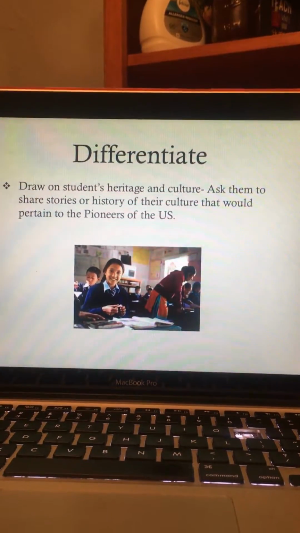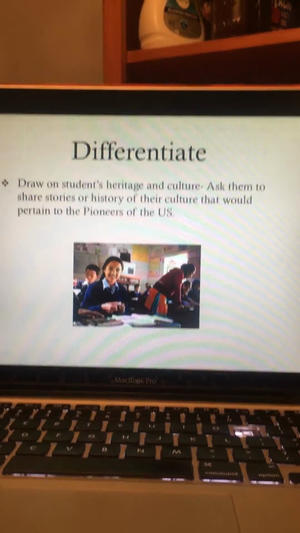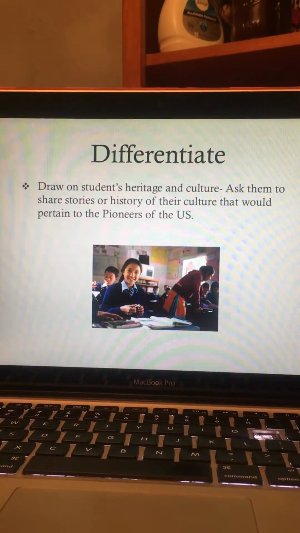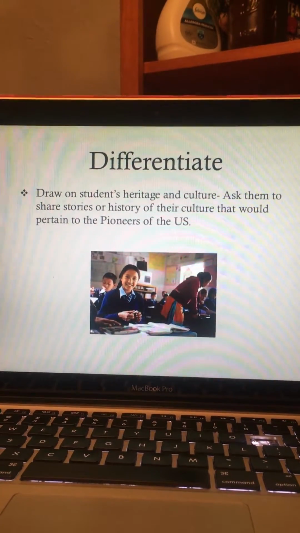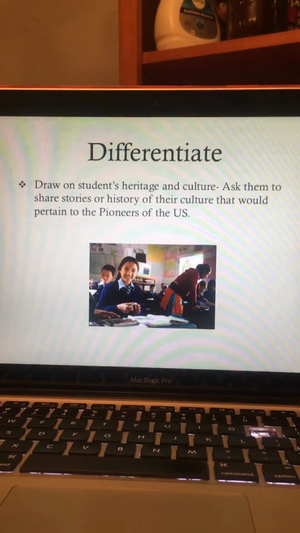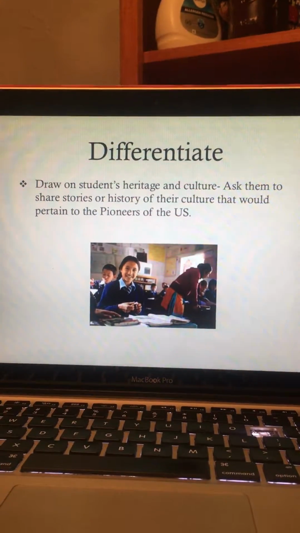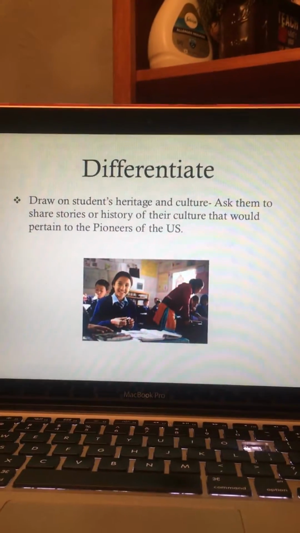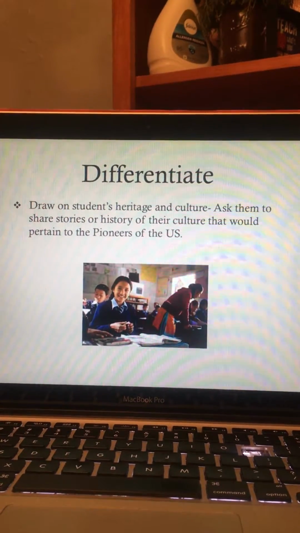I could either pull her aside before the lesson and offer her an opportunity to get an understanding before we even began, so it wasn't something totally new coming at her, or after some students had given some ideas of what they already knew on pioneers, I could explain to her.